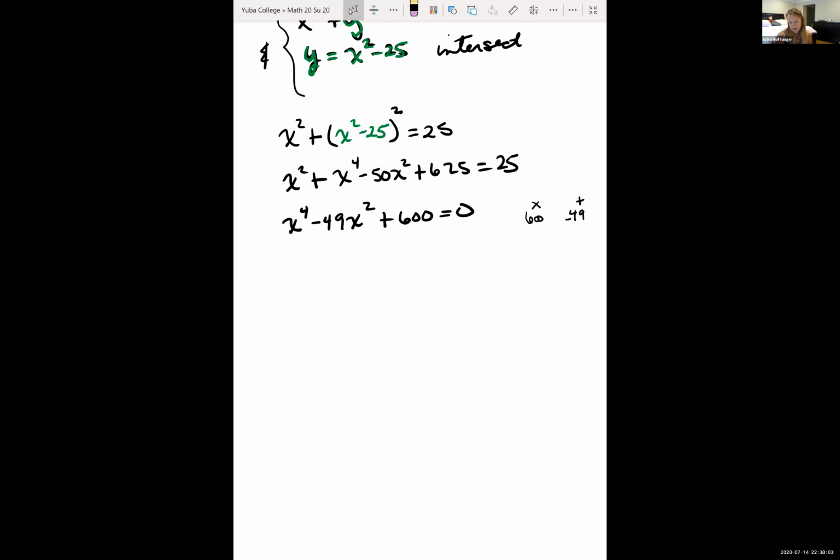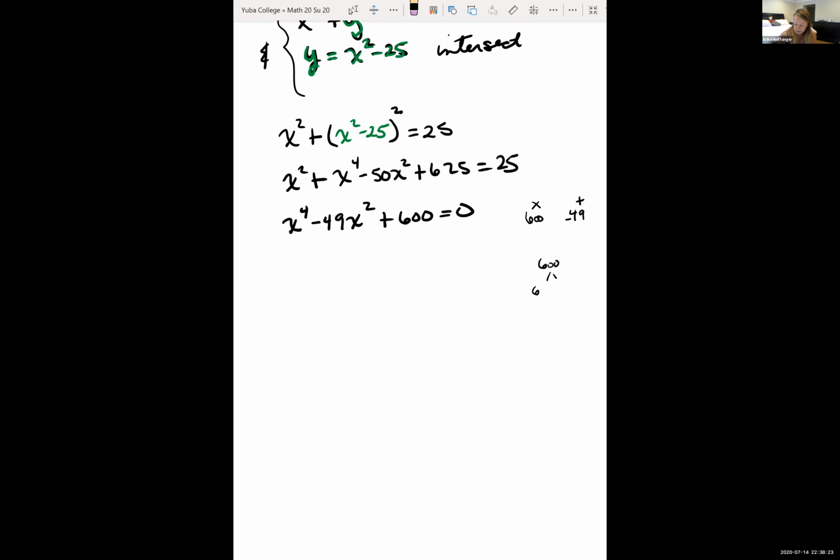Okay, so let's see. So 20 and 30, that's not going to work, right? This is where breaking it down into factors is helpful.